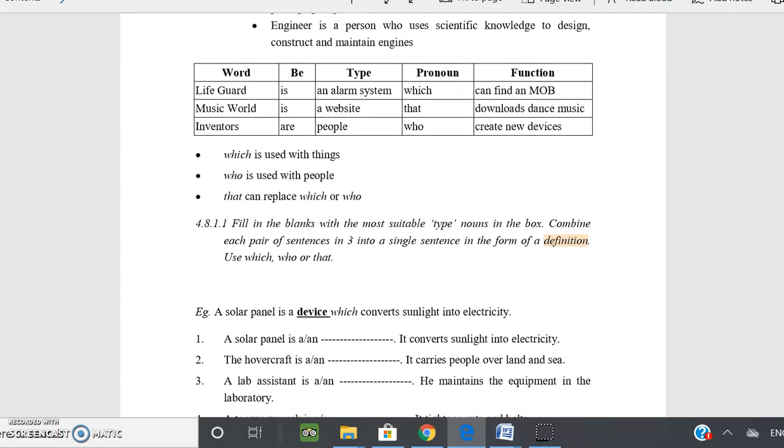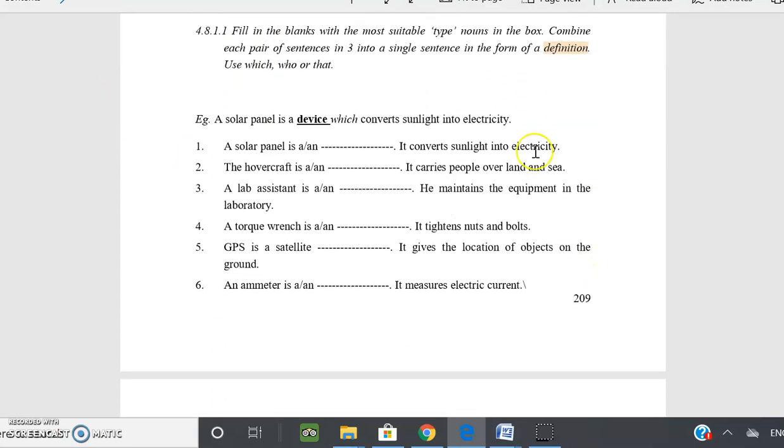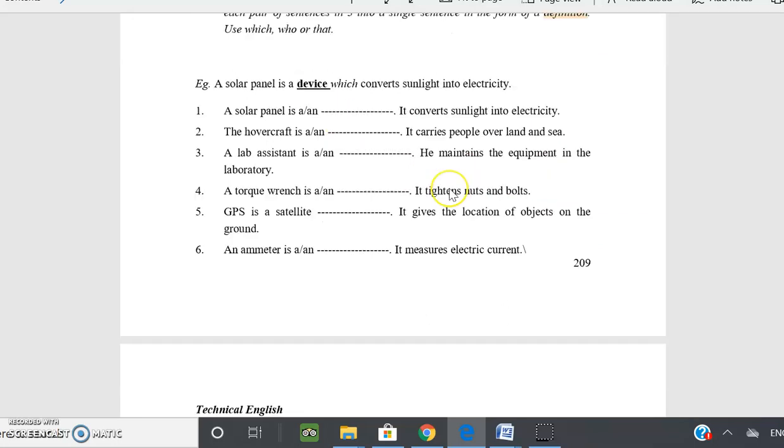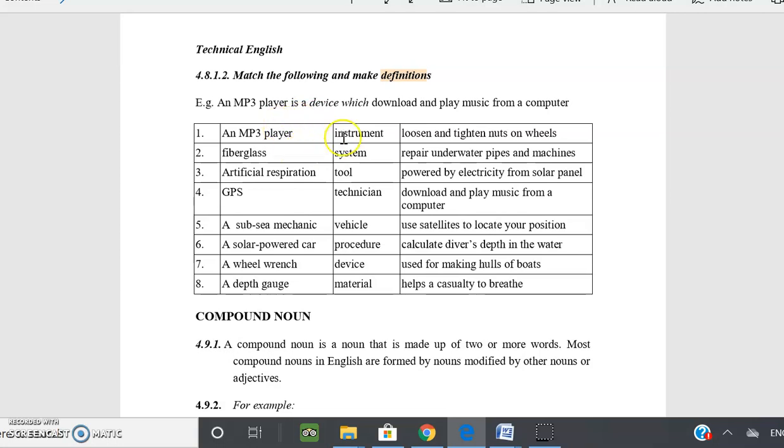So which, who, that are very important. There's an exercise you can do. A solar panel is a device, like that. And one more task is given. If you look at the second column: instrument, system, tool, technician, vehicle, procedure, device. Please match them. For example, what is an MP3 player?